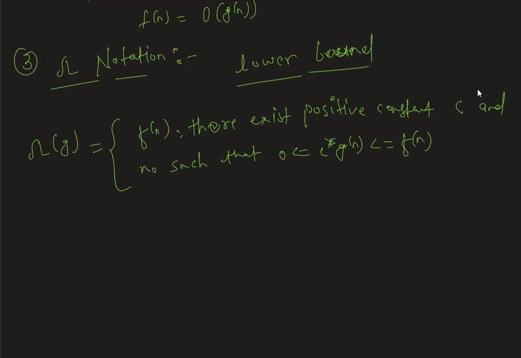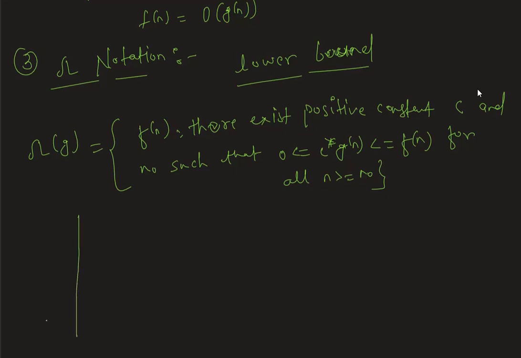In case of big O notation, we have f of n less than equal to c into g of n, but in case of omega notation, we have f of n greater than equal to c into g of n, because omega notation provides an asymptotic lower bound for all n greater than equal to n naught. So this is the function.